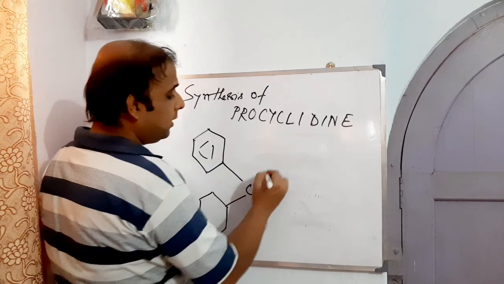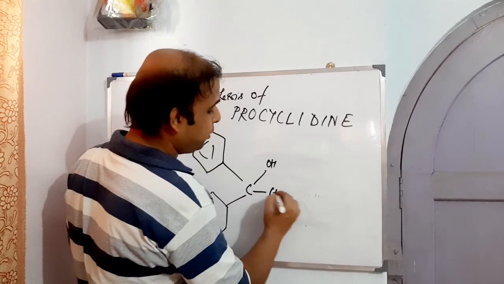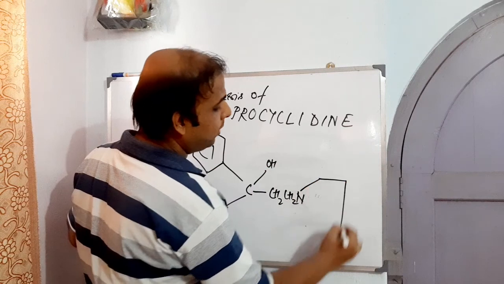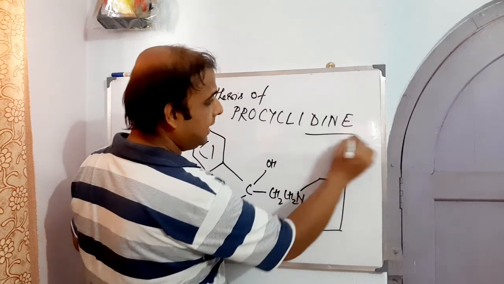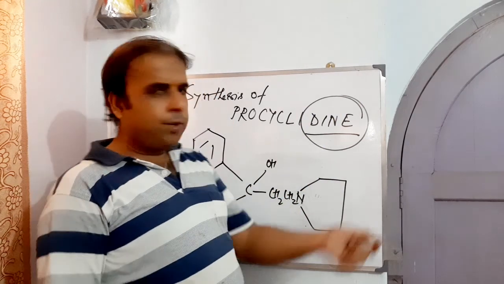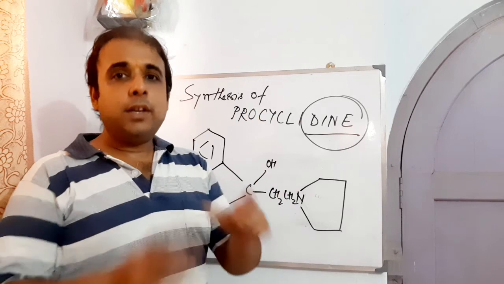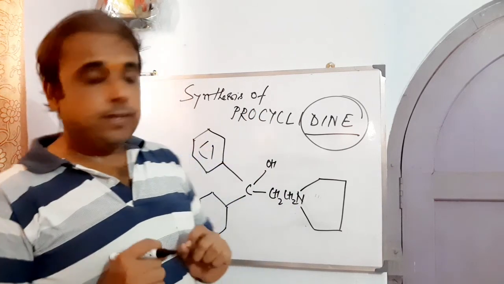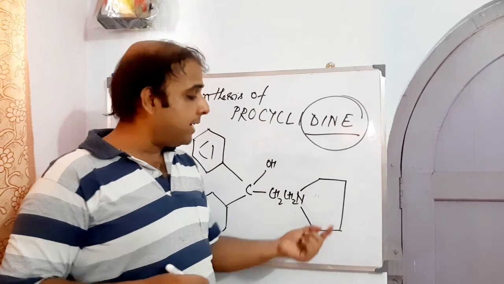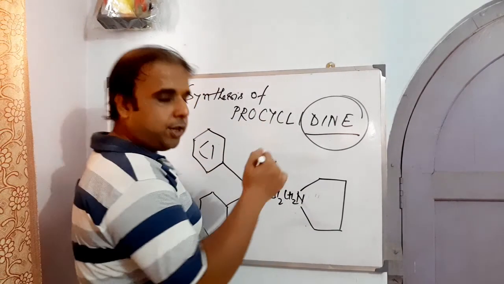As I said, alcohol, you have to put alcohol, then CH2, CH2, N, and here again a cyclidine, idine. This particular thing should give you the clue of a 5-membered ring system devoid of pi electrons. I have not kept even a single pi electron here, so that is why this is pyrrolidine. So you have to do the alteration.